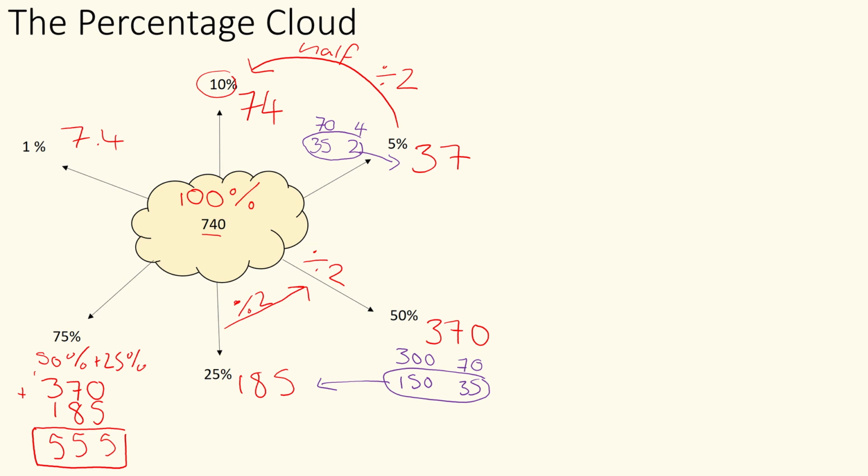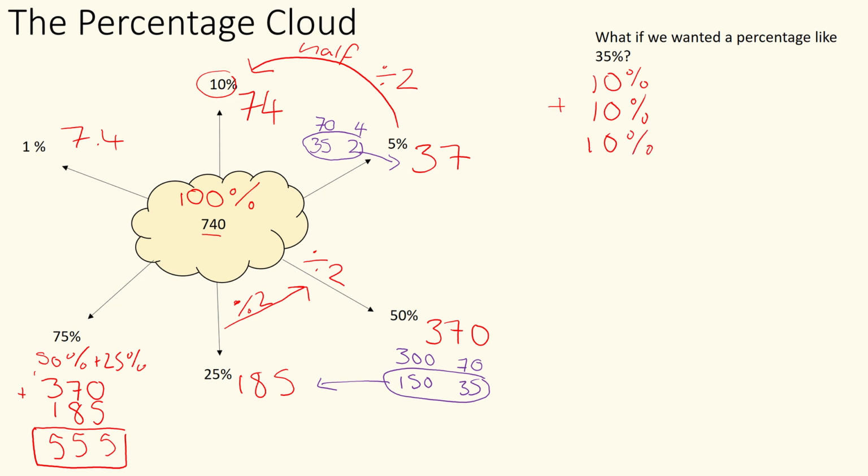Now, in terms of what questions will they ask me in the non-calculator exam, this is what a level 1 would look like. What if we wanted a percentage like 35%? Well, 35%, we're going to make it up out of these. Just thinking what is the quickest way, probably doing a bit of adding. So we can make up 35% by taking a 10%, a 10%, and a 10%.